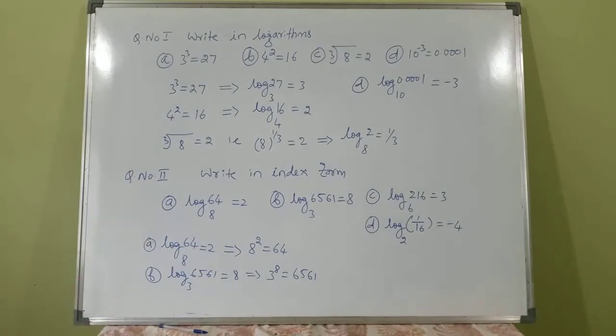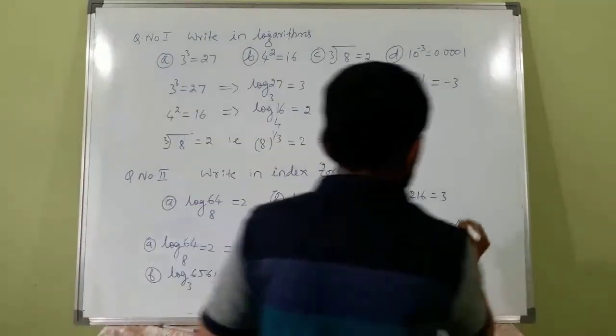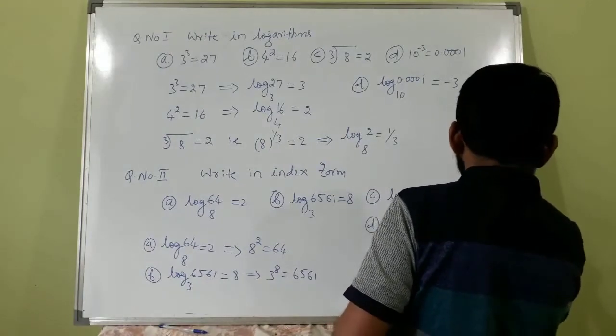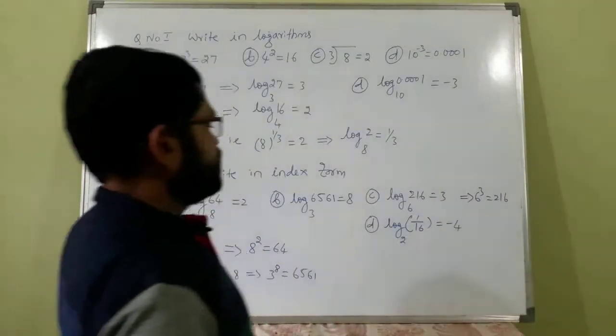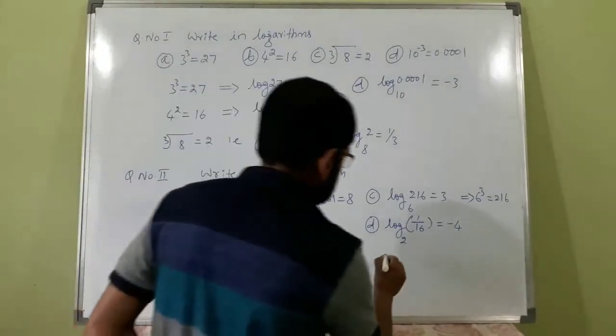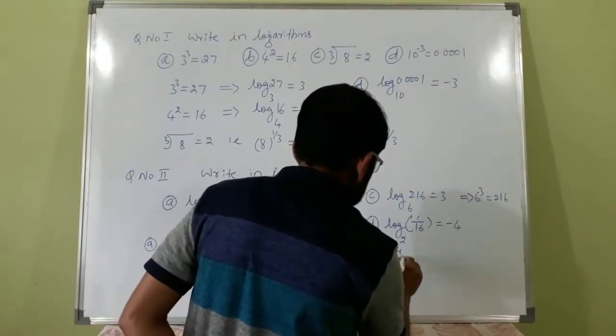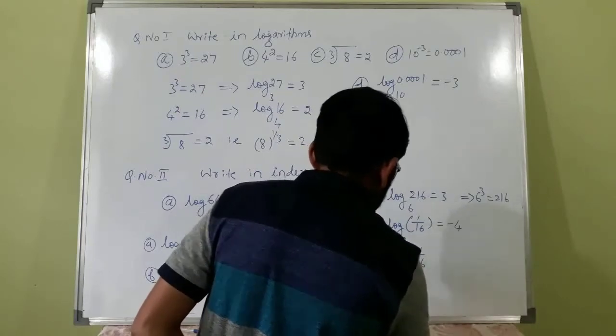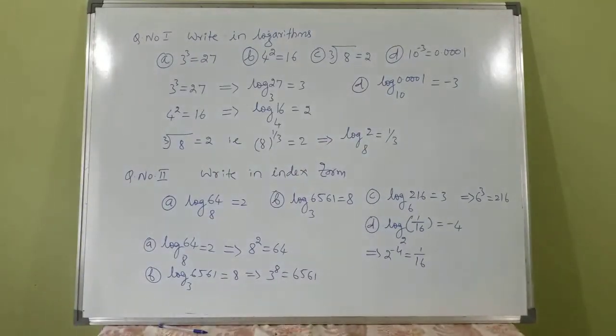Similarly, you can find that 6 raised to 3 is equal to 216. Similarly, 2 to the power minus 4 is equal to 1 by 16. These are the answers. Make a note of it.